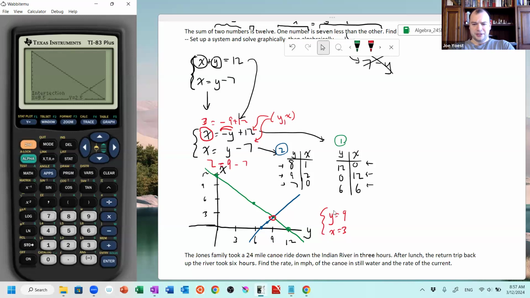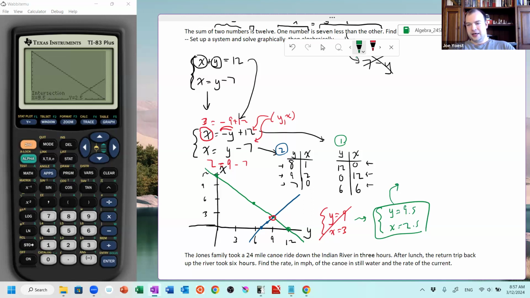And I see that my guess of y equals 9, x equals 3 was pretty good, but not quite right. The calculator helps me get a little more accurate and find 9.5 and 2.5. And let me verify these.